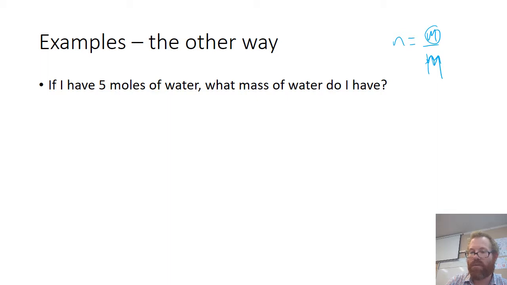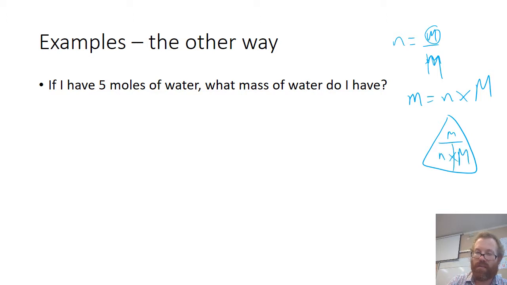So that's multiplying both sides by big M. So little m equals n times big M. Or if you had the triangle, if you block it off, the mass is number of moles times the molar mass.